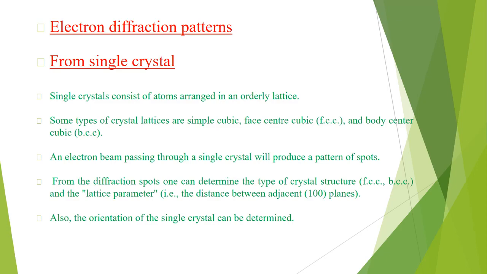So what is an electron diffraction pattern? A single crystal consists of atoms arranged in an orderly lattice. Some types of crystal lattice are simple cubic, face centered cubic, and body centered cubic.